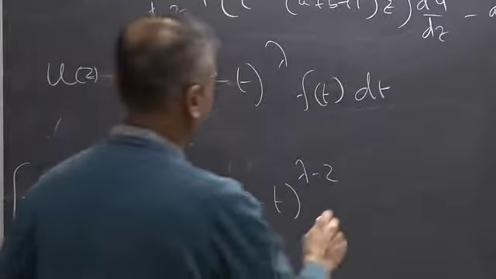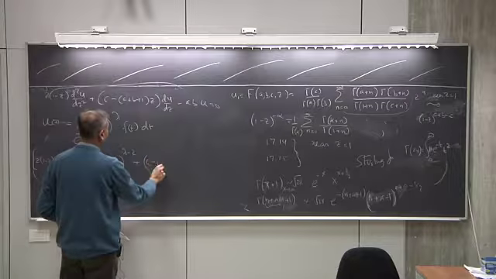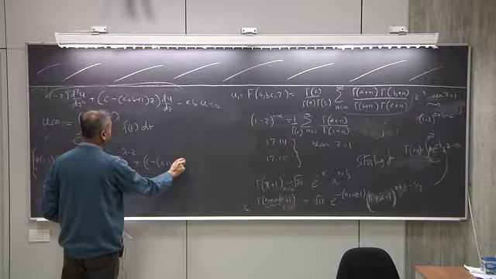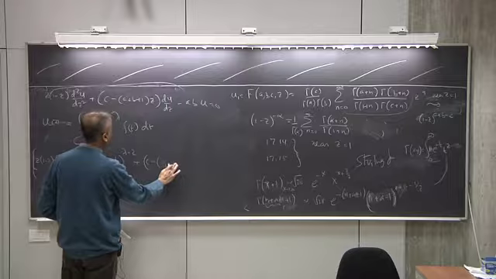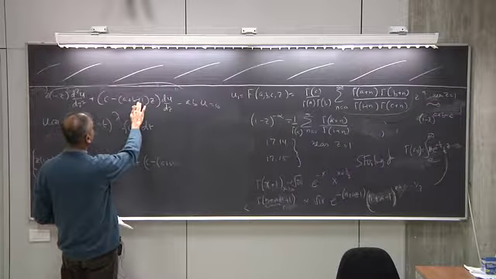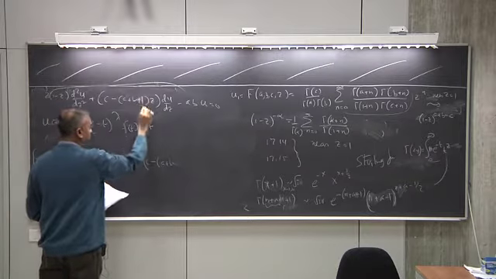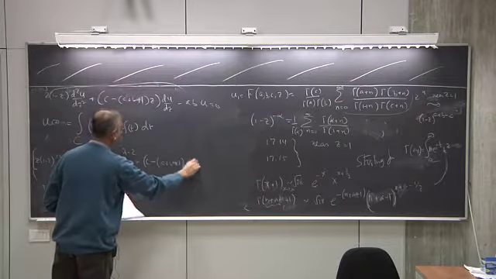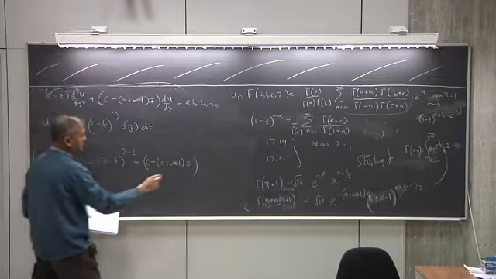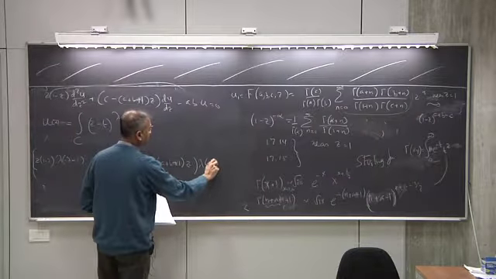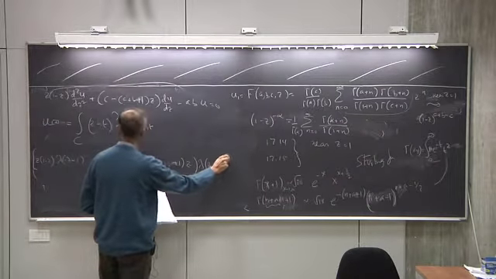Then you get plus (c minus (a plus b plus 1) z), and now I have just one derivative, so you get lambda times (z minus t) to the lambda minus 1.